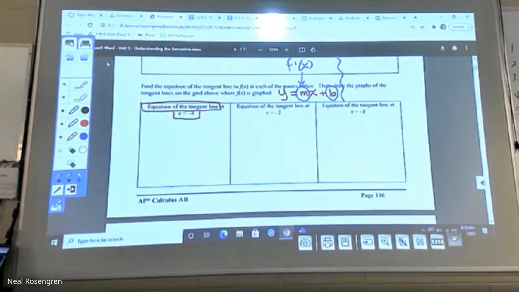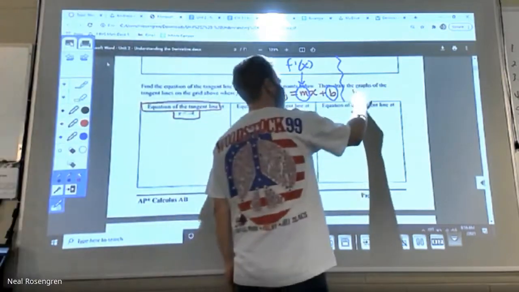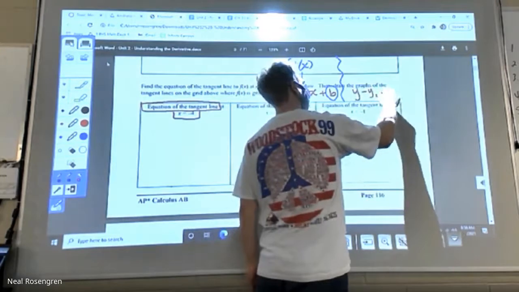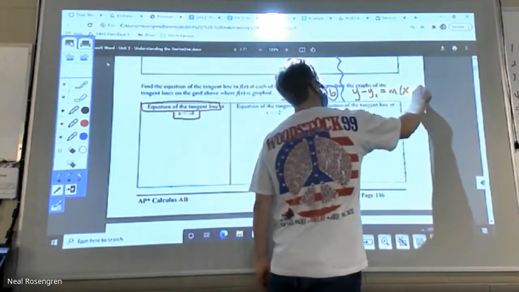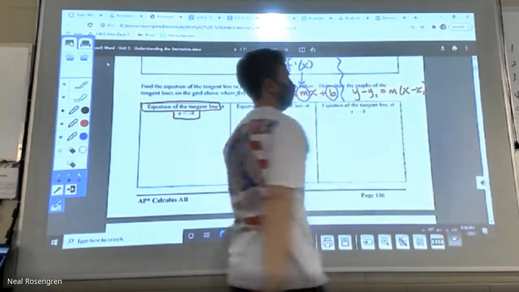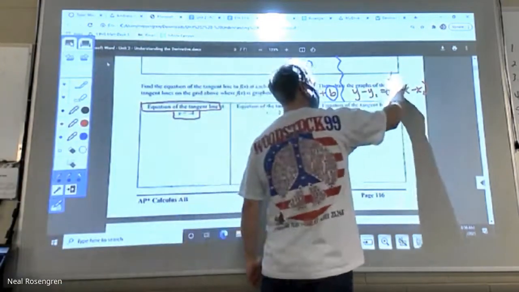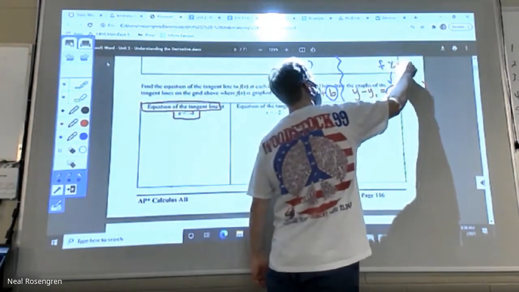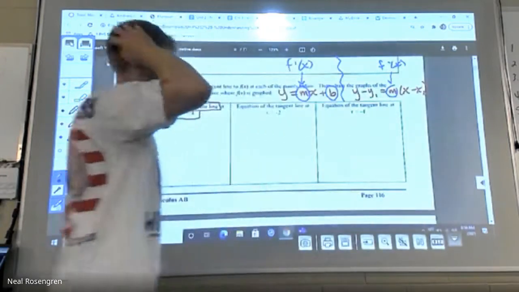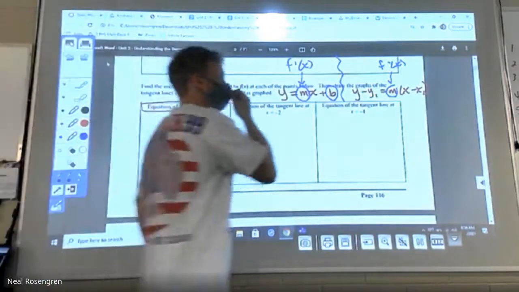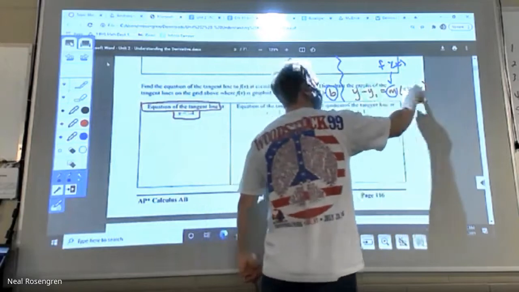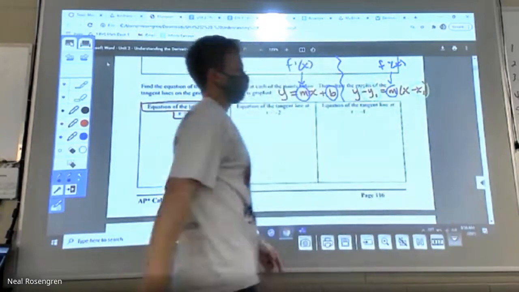What's the other way to write the equation of a line that isn't slope intercept? Point slope. And I think you're going to find that this one is just a bit faster. Because m is still going to be that derivative, right? That's a big part of what we need. That's just going to be the derivative at whatever that x value is. And all I need is a point, right? Some x, y.